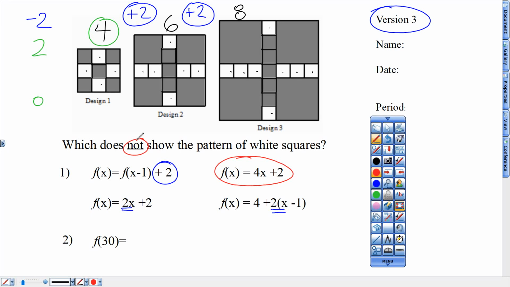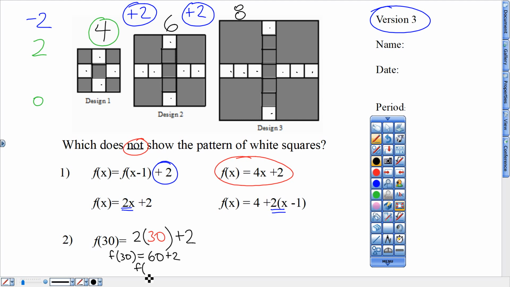If I'm doing the 31, I'm taking that 30 and plugging it into one of my good equations right here, or I could plug it in right here if I really wanted to, but I need to now plug in 30. So taking that equation, 2x plus 2, I'm replacing that x with the number I'm asking you to, which is 30 for this problem. I'm going to times that by 2 and then add that answer to 2. So when I plug in 30, or go to the 30th step in this pattern, I get 60 plus 2.